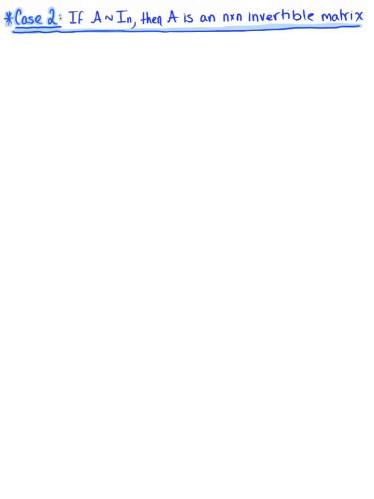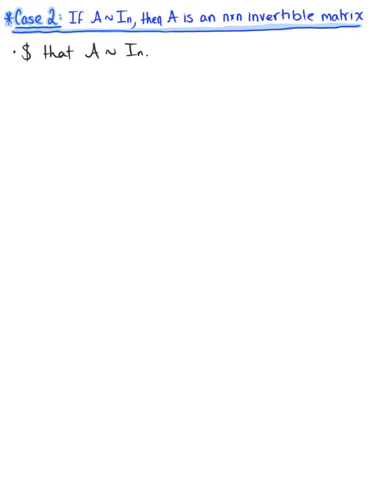In case 2, we want to show that if matrix A is row equivalent to the n by n identity matrix, then matrix A is an n by n invertible matrix. So in this case, we want to begin by supposing that matrix A is row equivalent to the n by n identity. So let's think for a moment, what exactly is this saying?